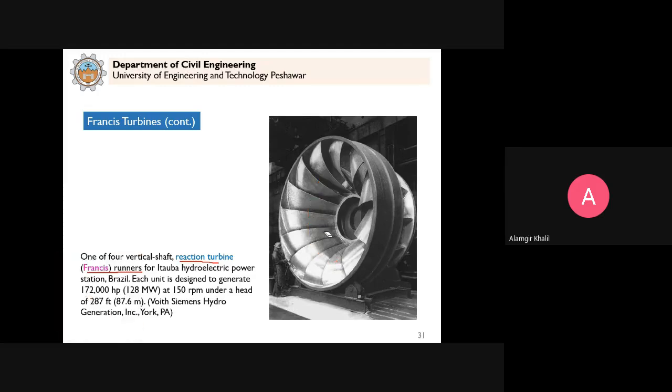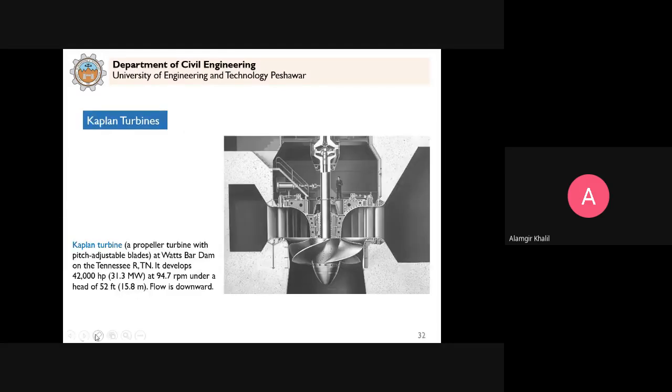You can see in this diagram the size. And this is the reaction turbine, but the type is propeller type, Kaplan turbine. In this case, you can see the water will enter through these gates or vanes, stationary vanes. The water will enter from both sides here.